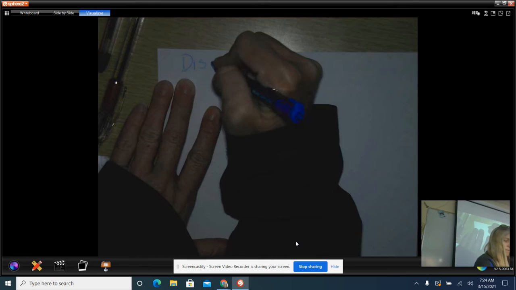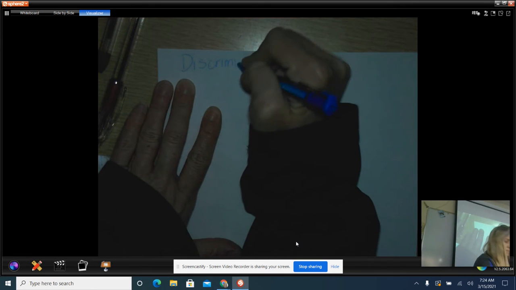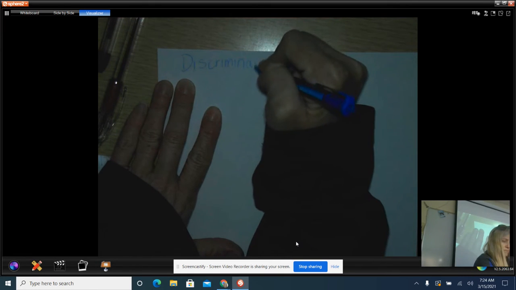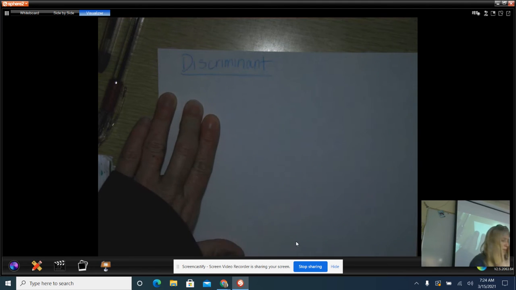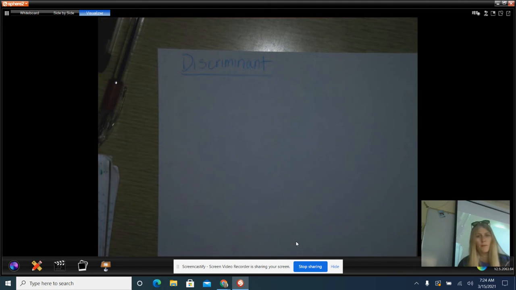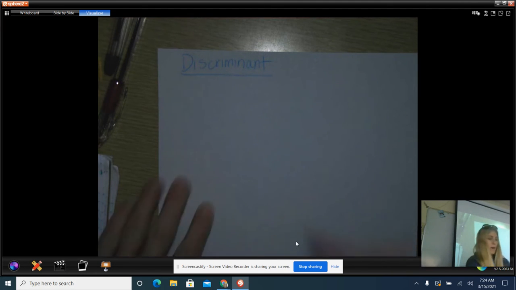So first of all, we are working today on the discriminant. The first thing that we want to remind ourselves about is the quadratic formula.